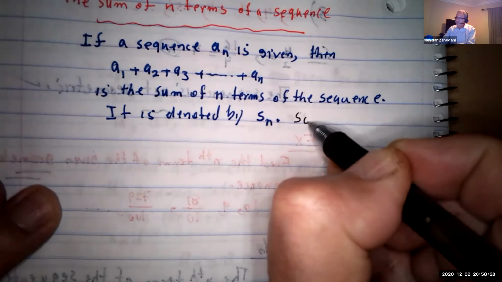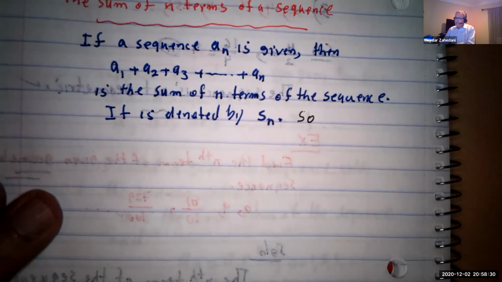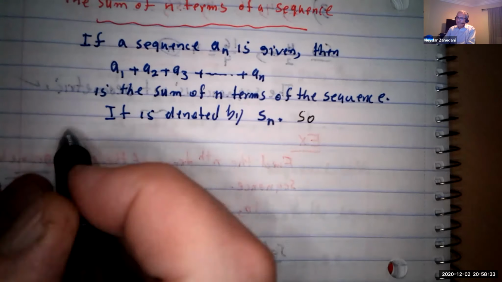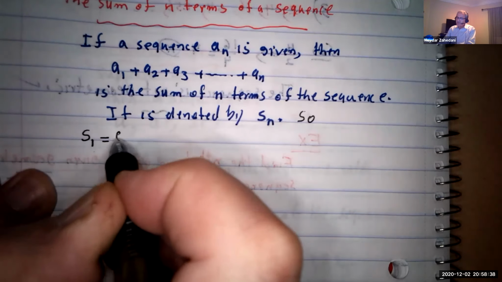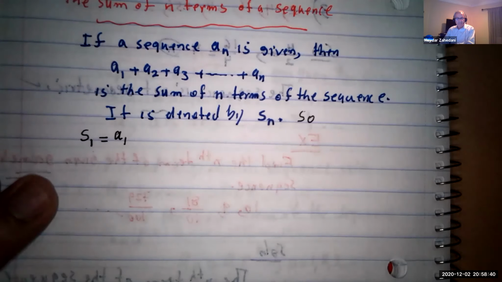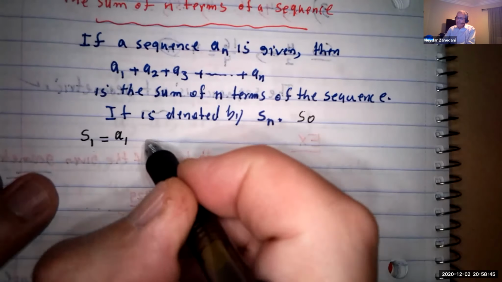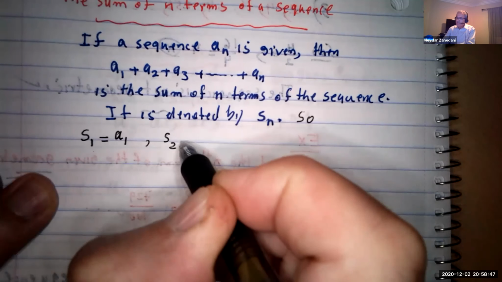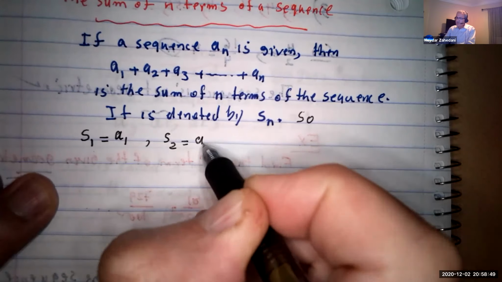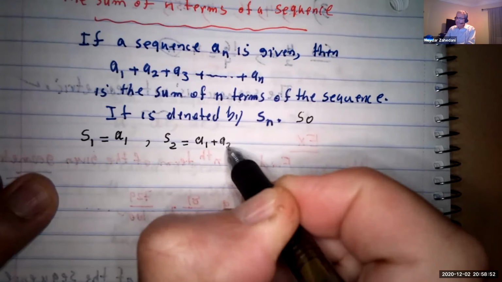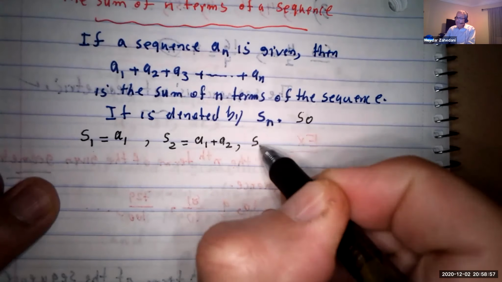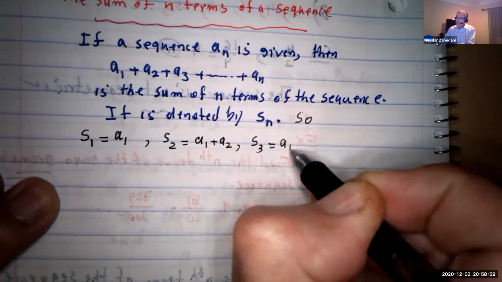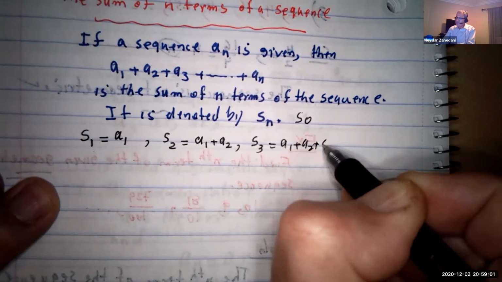So if I ask for S1, this means just the sum of one term. It's just A1. If I ask for S2, this means I'm interested in the sum of two terms. If I ask for S3, this means I'm interested in the sum of three terms.